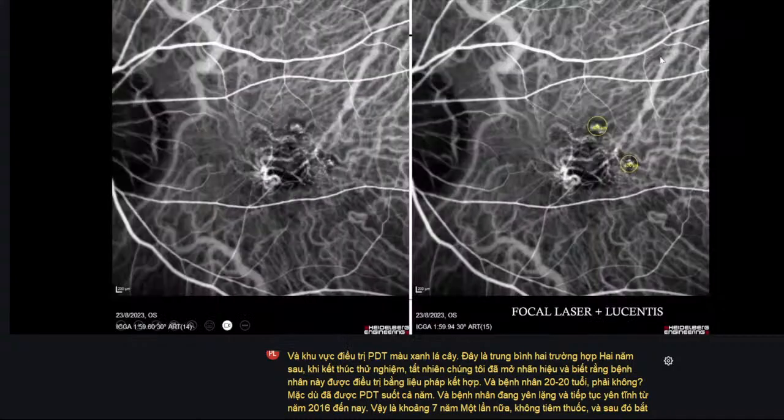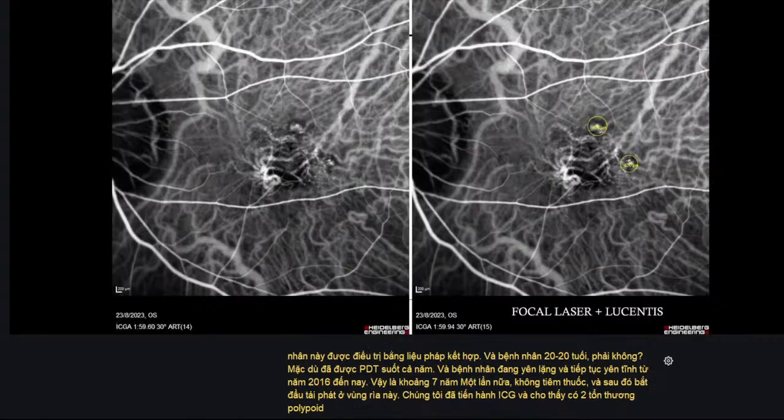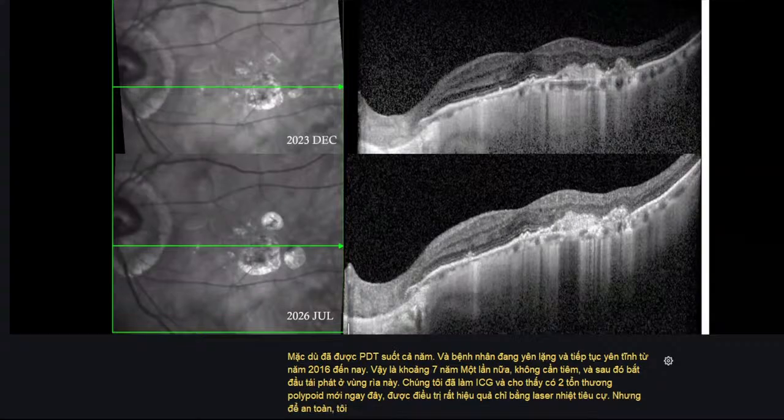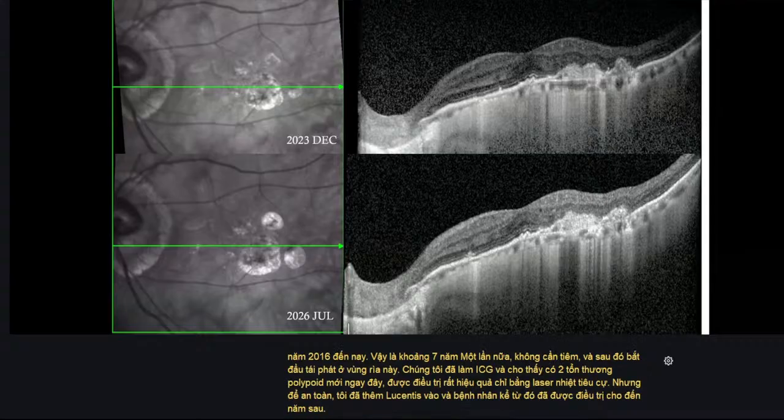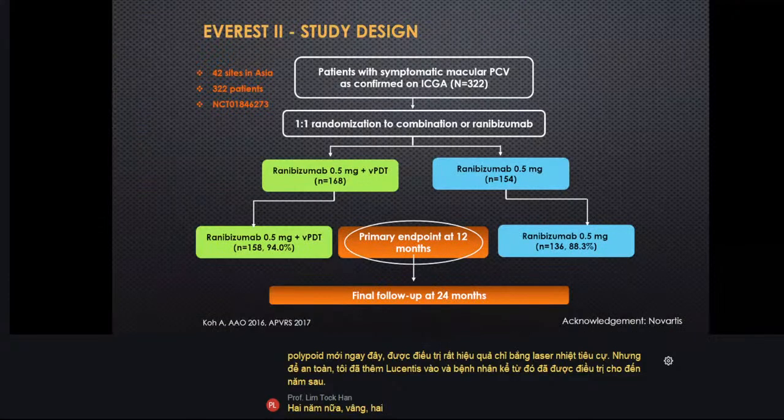And we did ICG and showed that there are two new polypoidal lesions right here, which are very nicely treated with just focal thermal laser. But to be safe, I added Lucentis. And the patient since then has been quiescent for the next 2 year plus, 2.5 years, no further injections needed.